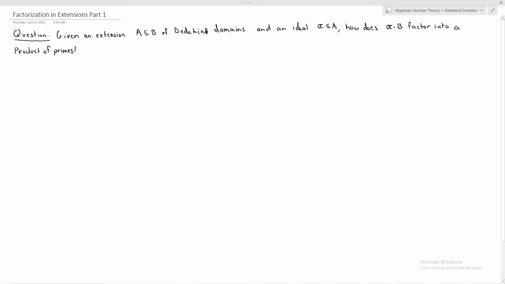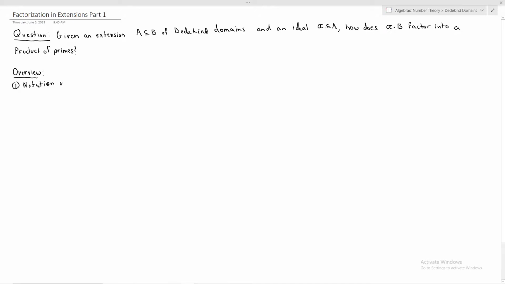And typically, rather than just taking an arbitrary ideal, you can figure out what happens to an arbitrary ideal by looking at prime ideals. So we're going to look specifically at the case where A is a prime ideal. The first part of this is going to be some notation and definitions so that we can have some vocabulary to talk about these concepts.